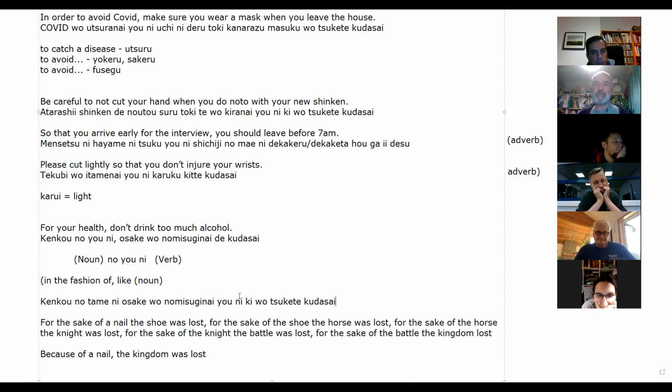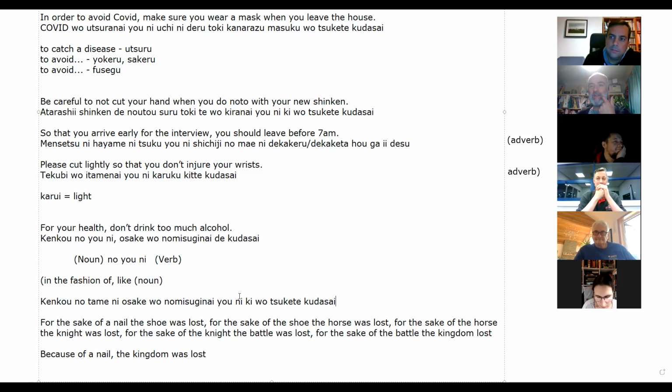What I'm trying to describe is that this yoni is used a lot in Japanese, and it means different things, just like the word like in English. Like it means I like beer, and beer is like water if you buy it from Australia.